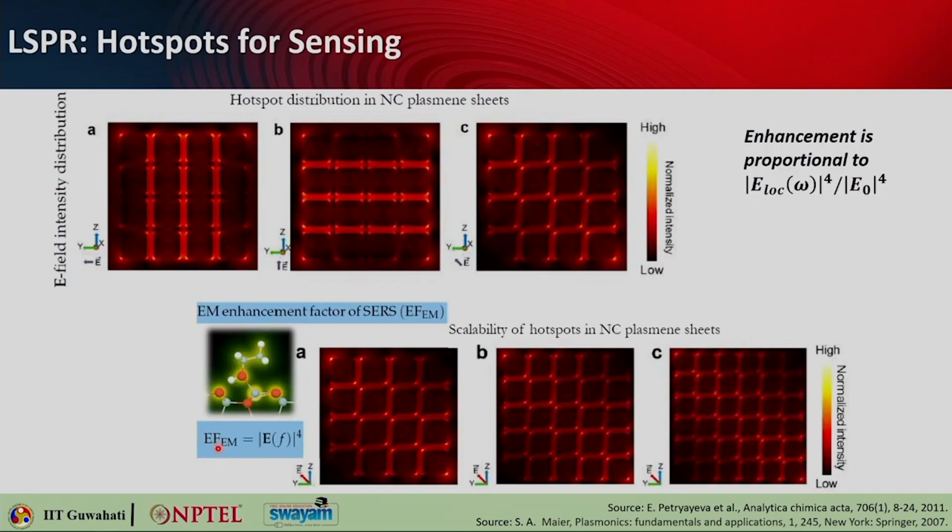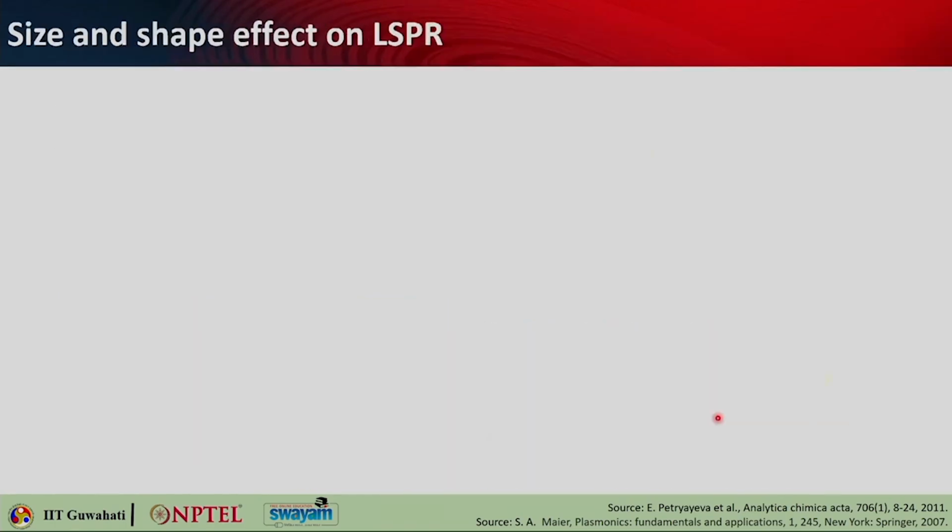So, the enhancement factor is basically dependent on the enhancement of the electric field to the power 4. That is how these nanosheets are important. These are also scalable, so you can work with a small area or large area and you will get a similar effect. There are different effects of size and shape of the nanoparticles participating in this LSPR.